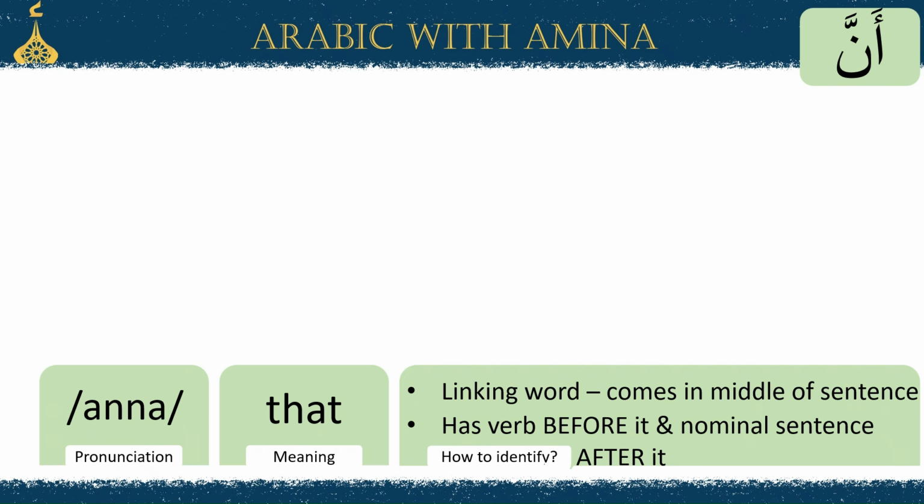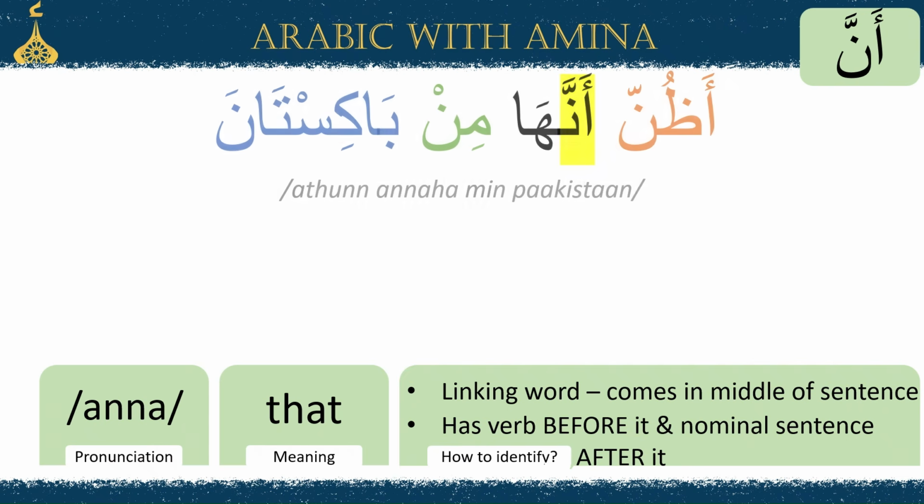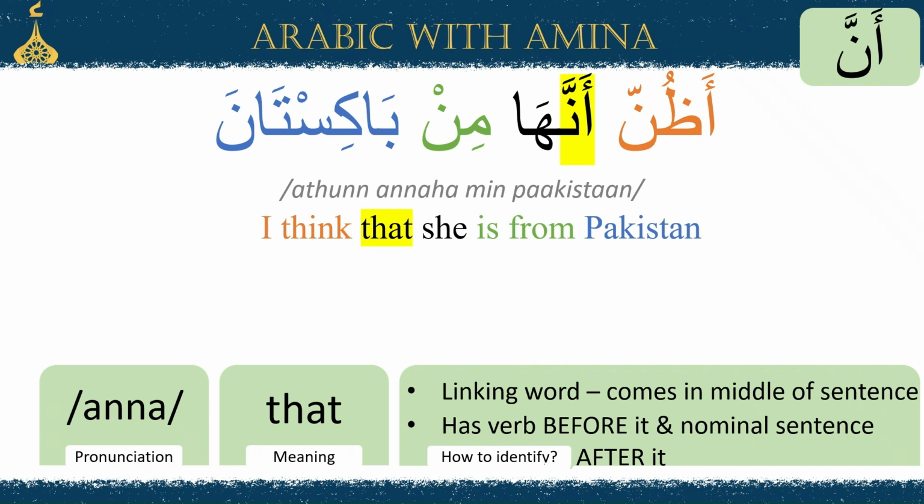Let's do another example. Let's take a look at this sentence. أظن أنها من باكستان. I think that she is from Pakistan. Something to take note in this sentence is the word anna is conjugated, similar to inna. And that is because we said after anna comes a nominal sentence and not a verb.